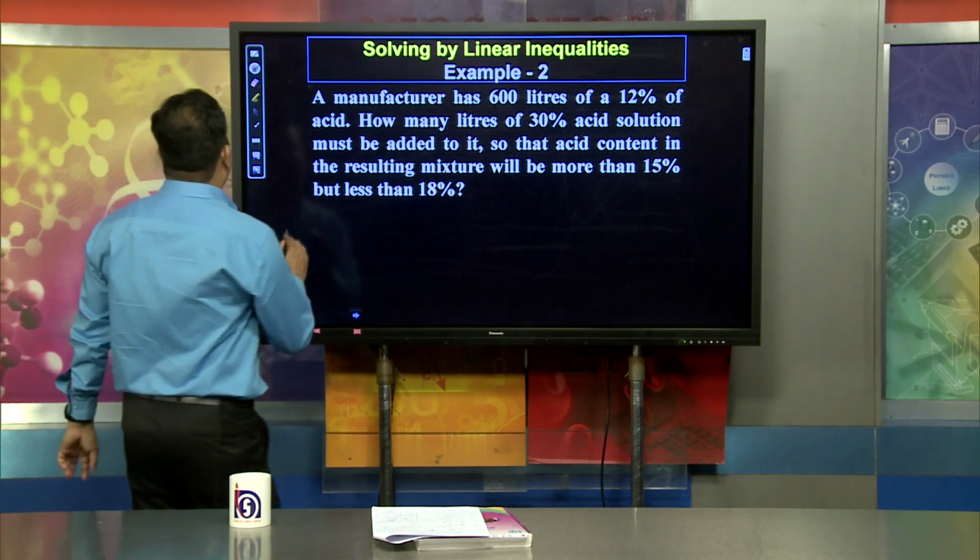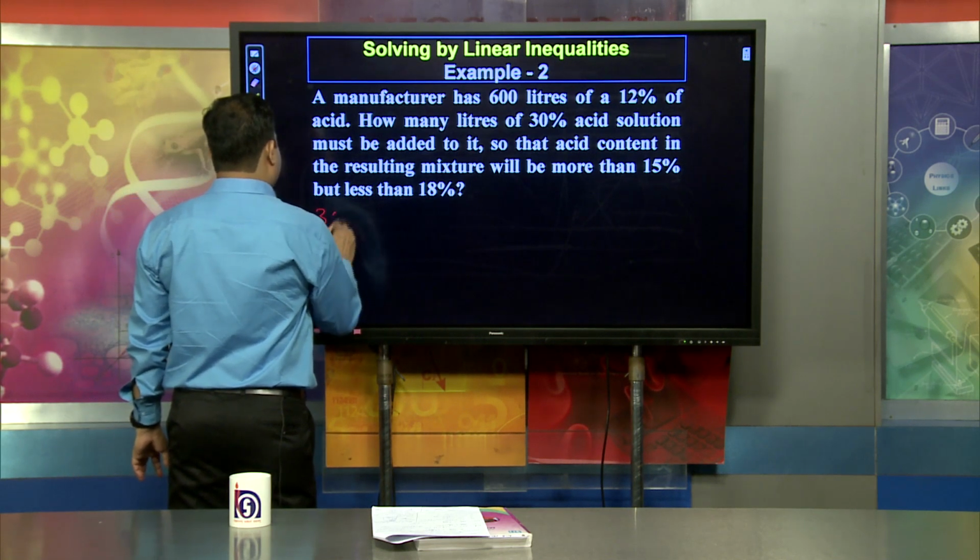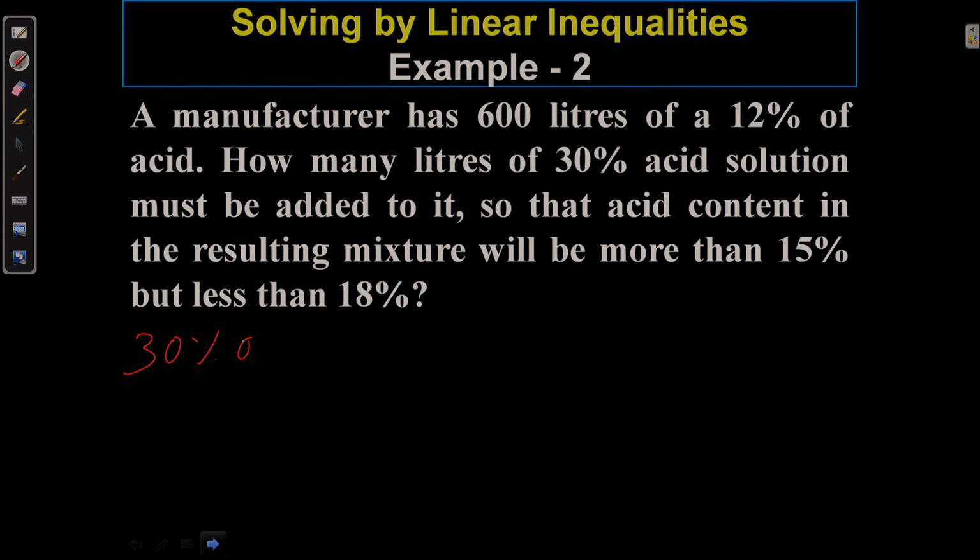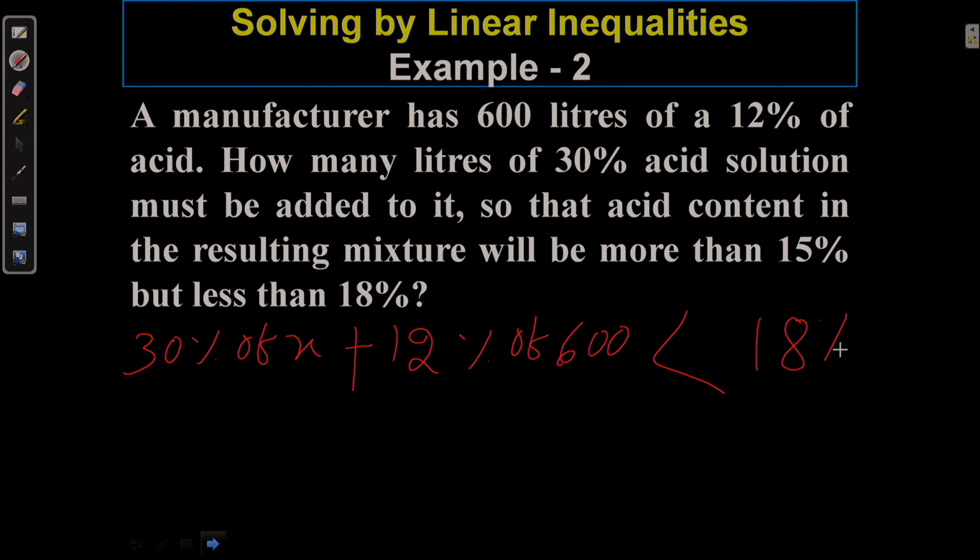So 30% of x plus 12% of 600 is less than. In the first case we took more than, meaning greater than, and now it is less than. This is the less than symbol, equal to 18% of x plus 600.